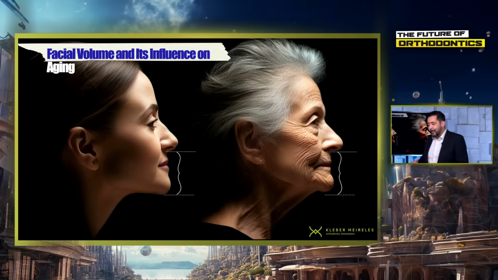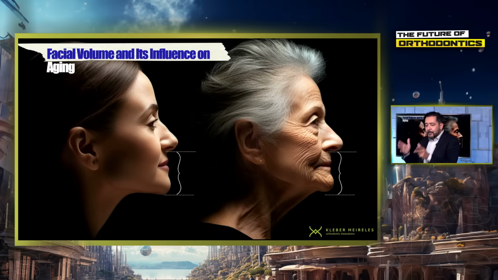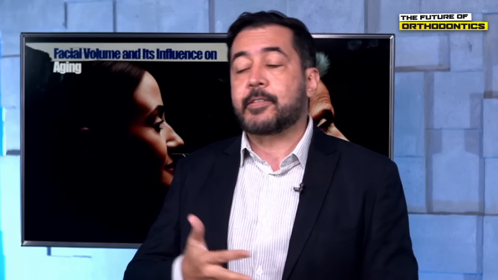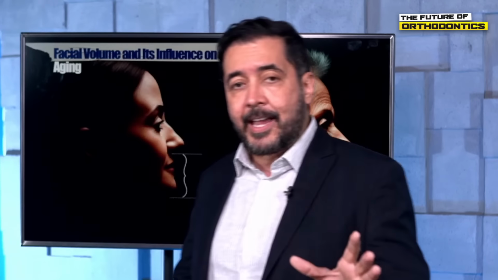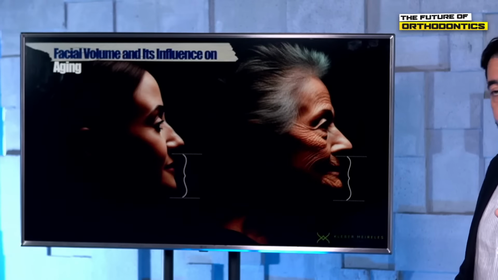Because I don't start at a point that I'm treating everyone like a serious treatment. No, I do what I need to do based on chief complaint, based on what I can do for having a better smile, a better occlusion, but I need to ask my patients, do you want to do that? Do you really want to do that? Because I can do it, but we can't force our patient to have what we want.